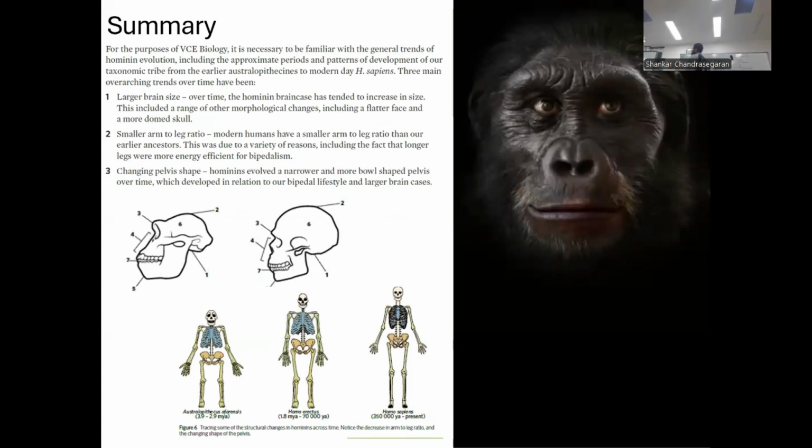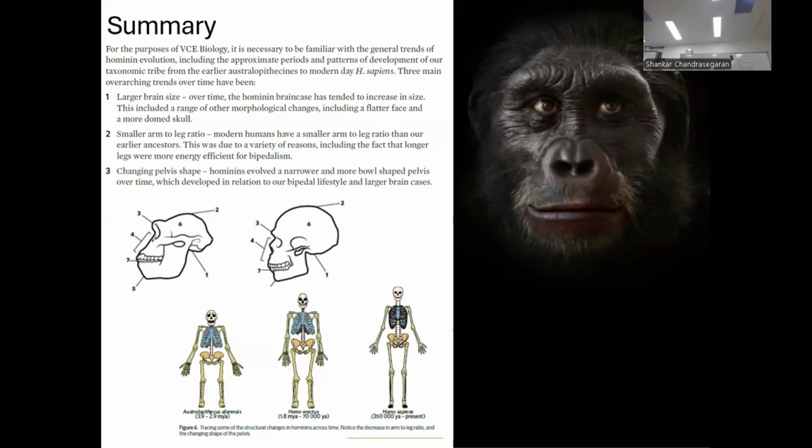So for the purpose of your BC biology, it is necessary for you to be familiar with the general trends of hominin evolution, including approximate periods and patterns of development of our taxonomic tribe from earlier Australopithecus to modern Homo sapiens.